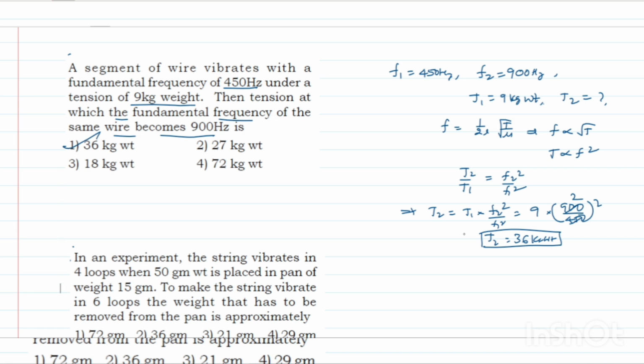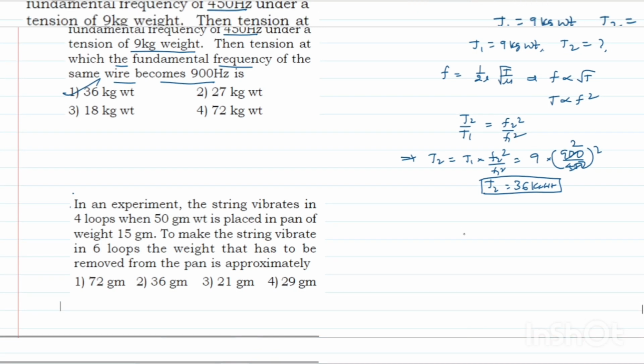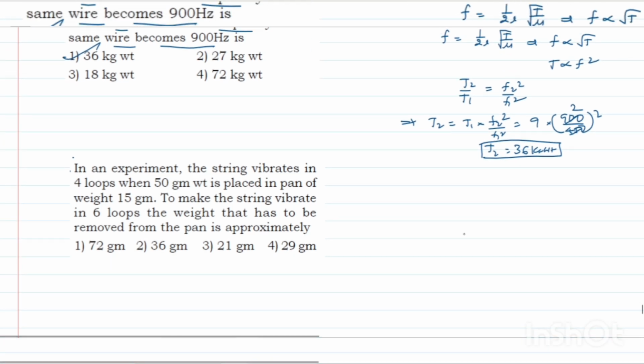Let us see the next question. In an experiment, the string vibrates in 4 loops with 50 gram weight placed in a pan of weight 15 gram. To make the string vibrate with 6 loops, the weight which has to be removed from the pan is approximately what they are asking.